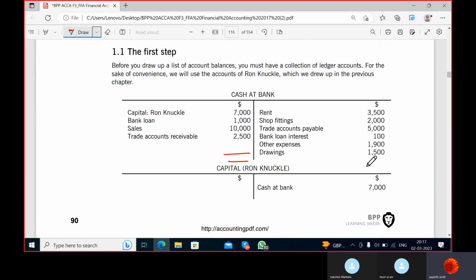So we will just do the totaling here. So I think we got what here? We got 7,000, 10,000 and 2,500. So 20,500 we had in the receipt side. From this 20,500 we will deduct the payments. That's 2,000.